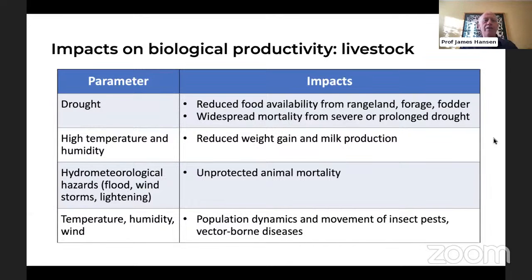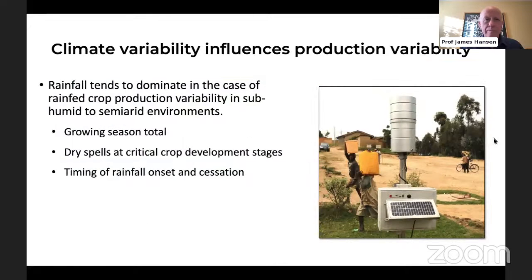And just like in the case of crops, temperature, humidity, and wind can affect the dynamics and movements of insect pests and vector-borne diseases that can affect the productivity or even mortality of agricultural animals. This is not by any means a complete list, but just kind of a reminder, brief overview.